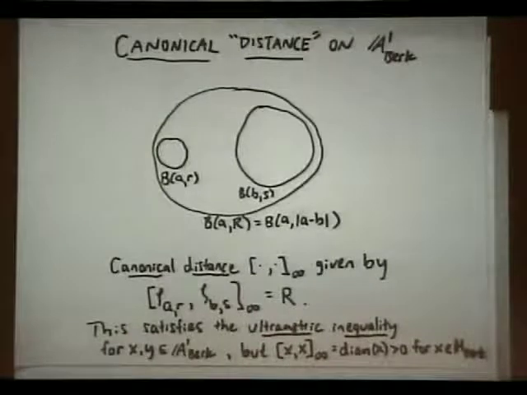More generally, for any point that's not of type 1, the canonical distance to itself is the diameter, and that's strictly positive. So it's not really a metric. Okay, so that was just clarification and review, and now I want to begin.